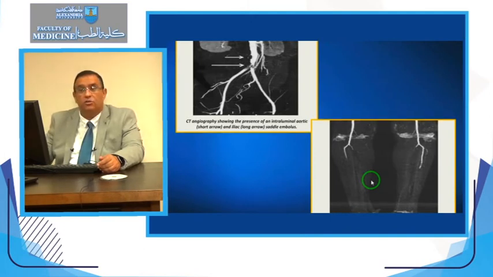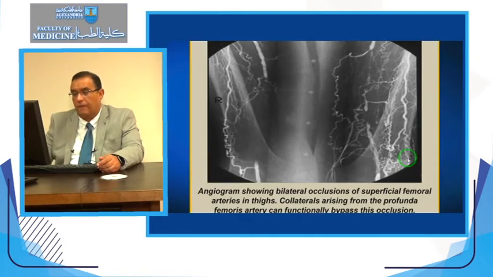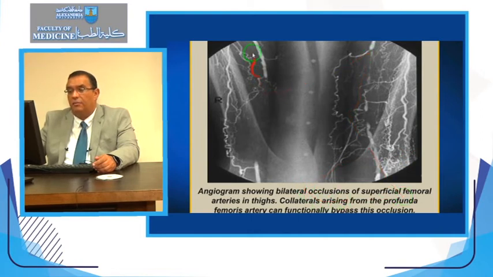Another two CT angios showing occlusion of the vessels. This is an intraluminal aortic thrombus, and here complete occlusion of the distal anterior and posterior tibial vessels with acute thrombosis. This arteriogram shows bilateral occlusion of the superficial femoral artery with tapered end and multiple collaterals.